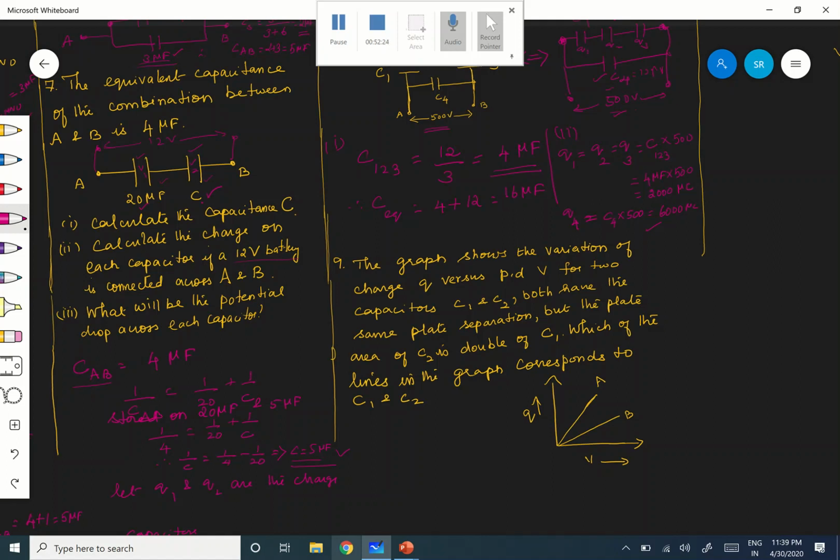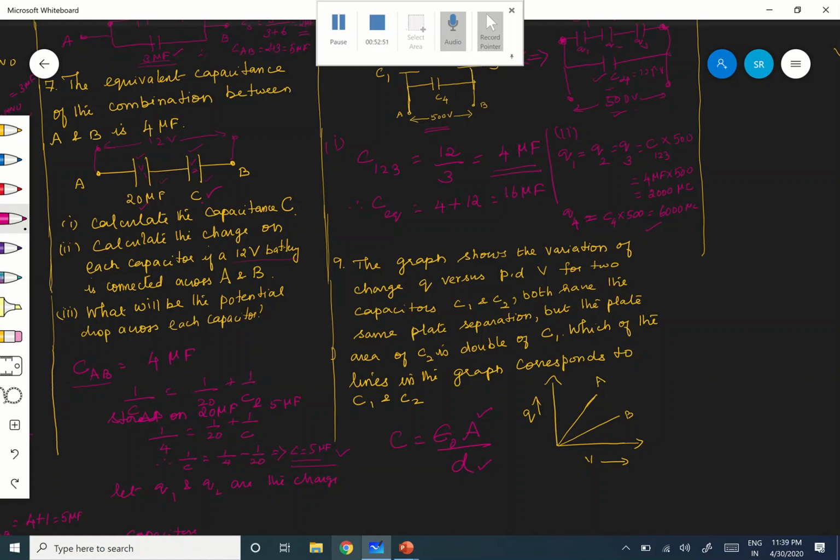Very simple. What is the formula for C? C is equal to epsilon naught A by D. Here, D is the same for both. Only A is different. The plate area of C2 is double that of C1.